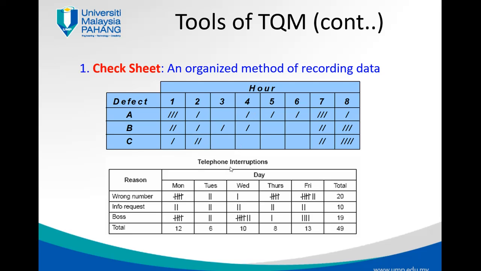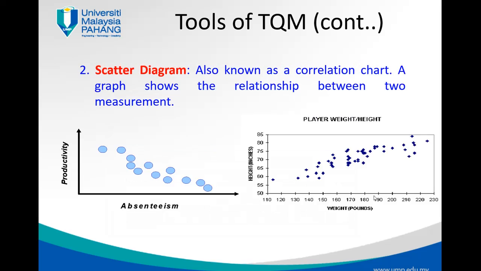Then for this one is the telephone interruption. The reason, wrong number, for example here on Monday there are 5 interruptions, on Tuesday 2 interruptions, Thursday another 5, on Friday 7. Then from there we can total up the number of interruptions or non-conformance. So this is quite a straightforward tool.